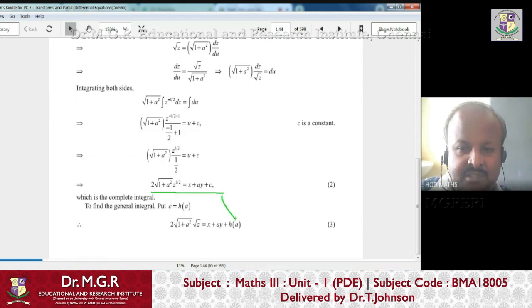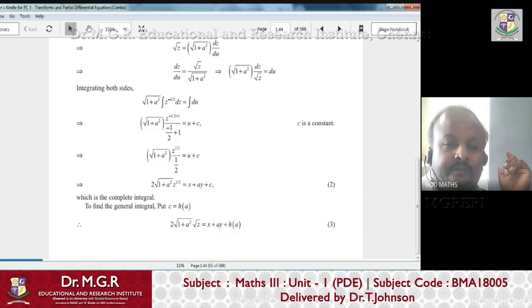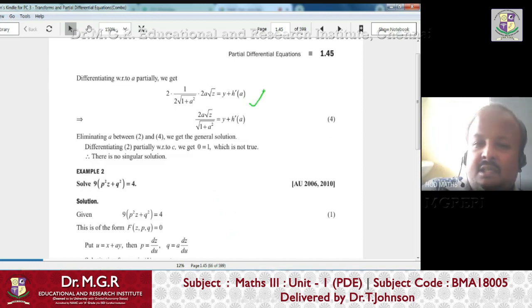Because equations 2 and 3 are the same, you are putting c equals to h of a. So removing a from these two equations using these 2 relations, you will get a general solution. But that solving is very, very difficult. At your level, it's not necessary.